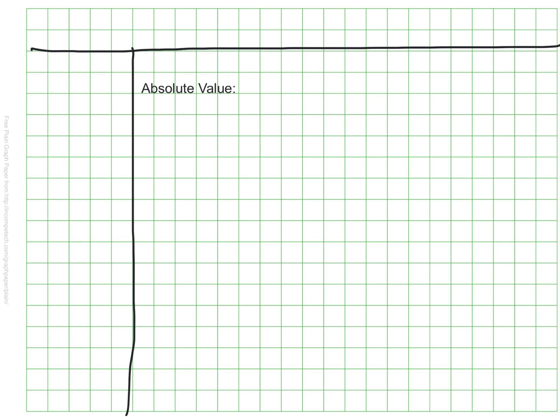Absolute value is a way that we measure the distance of numbers, right, of integers. The absolute value measures the distance a number is from 0. And because it is a distance, it cannot be negative.